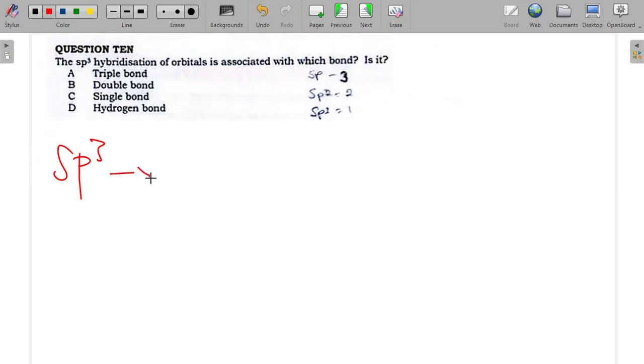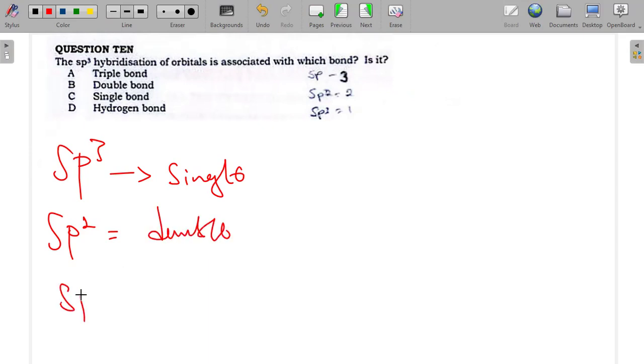We know that sp3 is associated with single bonds. When you talk of sp2, that one will be associated with double bonds. Then if you're talking about sp, that one will be associated with triple bonds. So there we just pick the best option, which is the single bond.